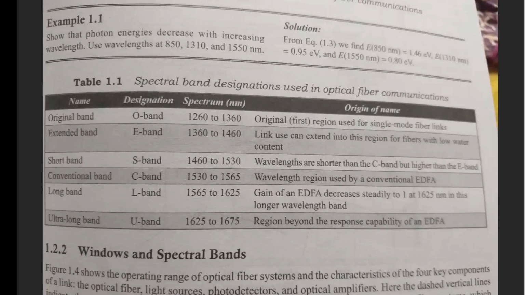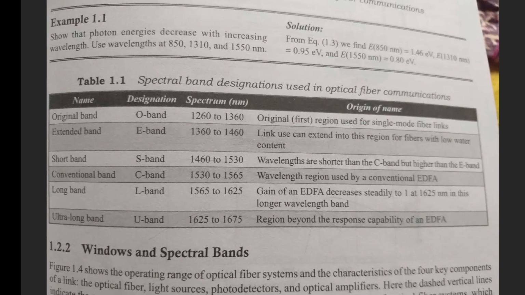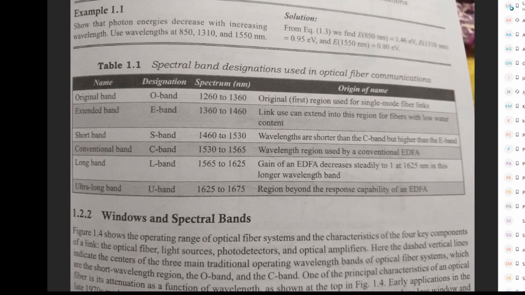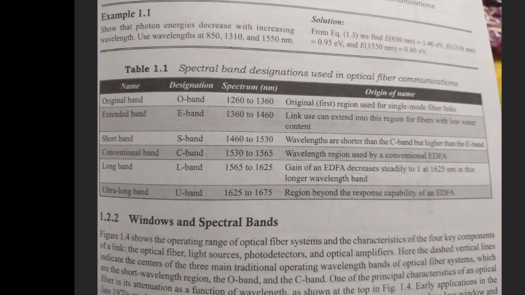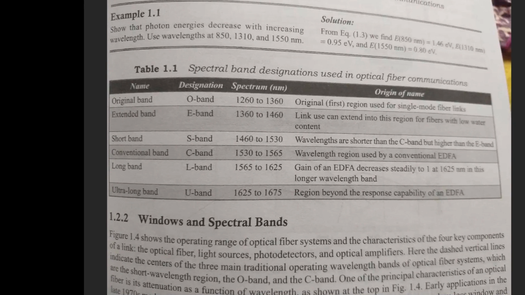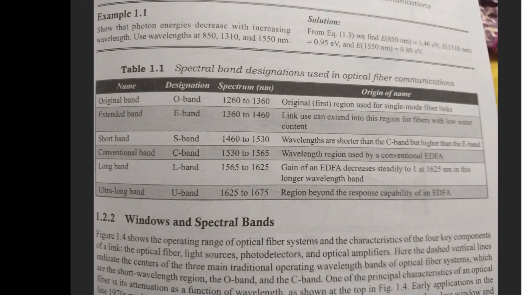I was telling you that whenever there is light between your LED, these are the optical ranges which I want to show: O band, E band, S band, C band, L band, and U band.